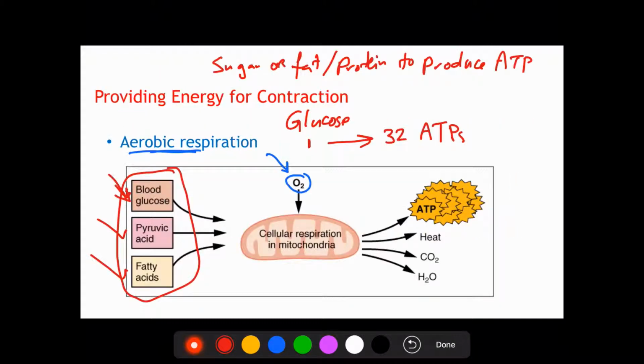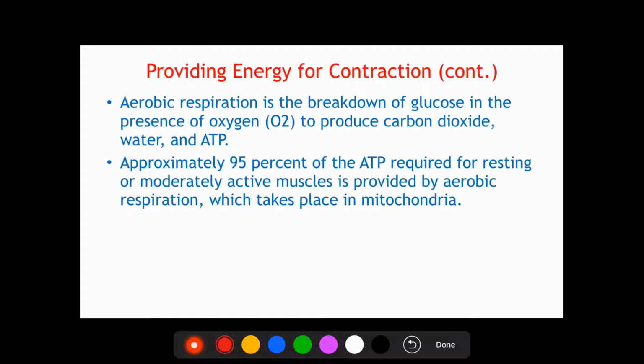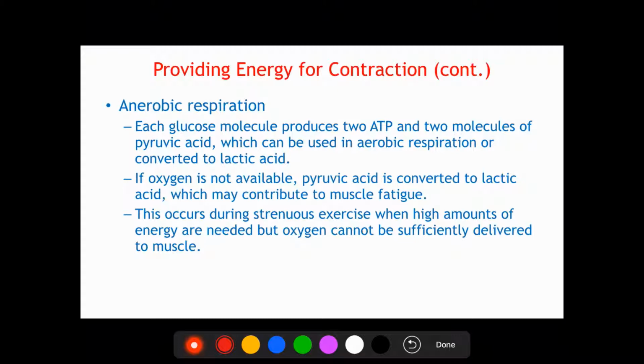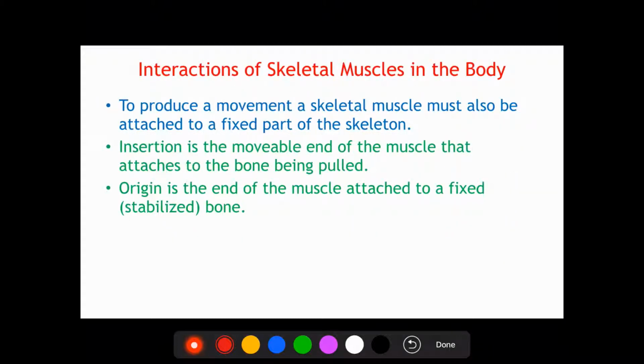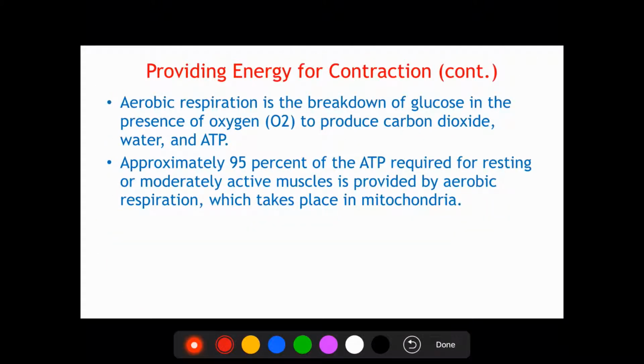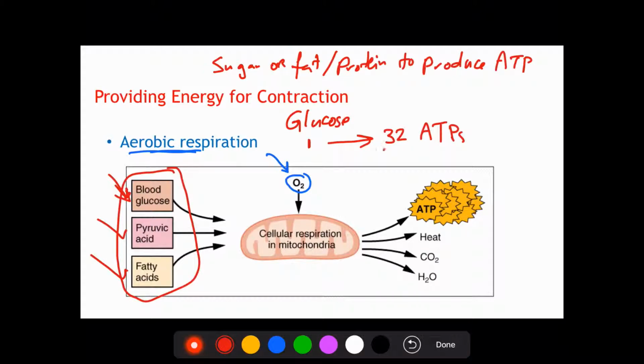Let me double check, I think it was either 32 or 34. We'll double check that. But anyway, it's an enormous amount of ATP per one glucose molecule. So one glucose molecule will give us 32 ATP molecules. This is a very efficient way of producing ATP.